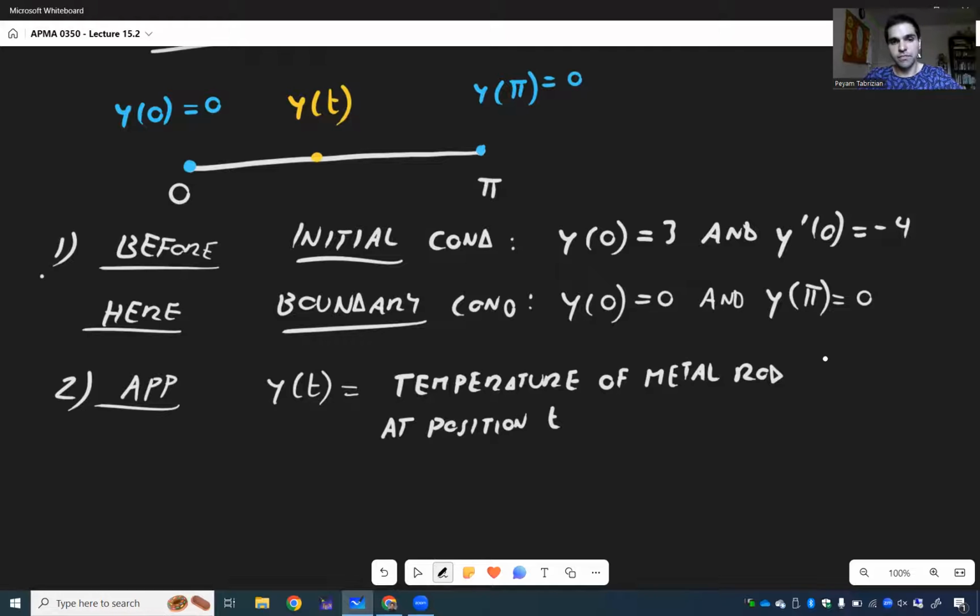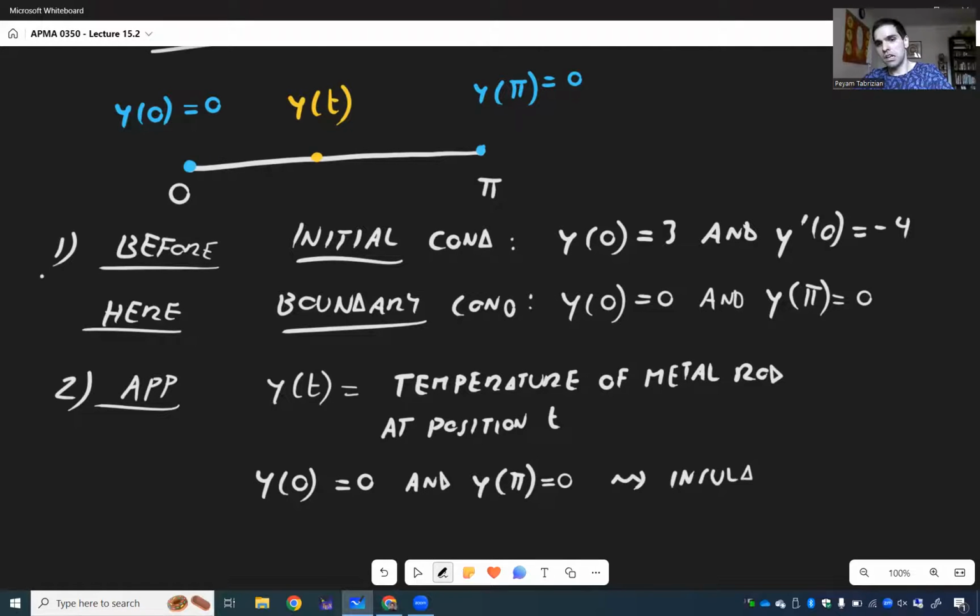This is called insulation. So y of 0 equals 0 and y of pi equals 0 means you're insulating both sides of the rod. But really, the true reason this is important is if you ever take partial differential equations, because this will be a very important step to solve what's called the heat equation and the wave equation as well. But for now, let's solve this problem.